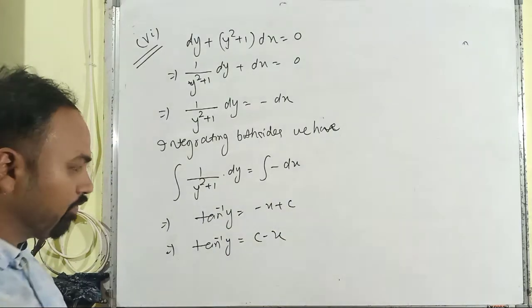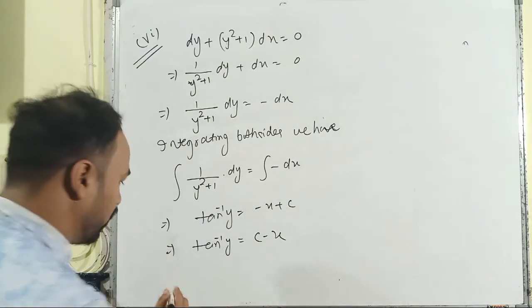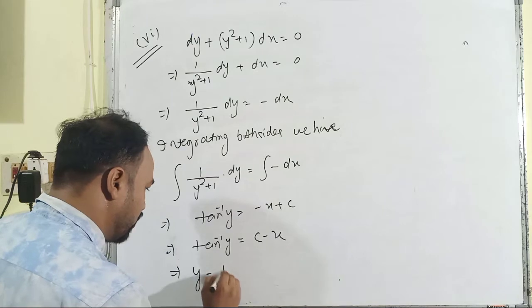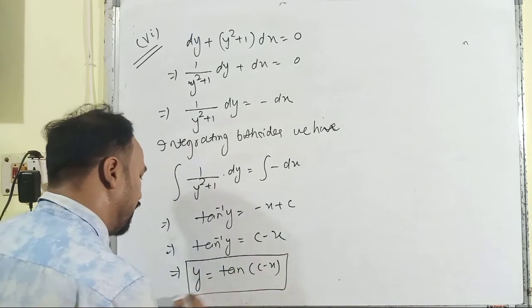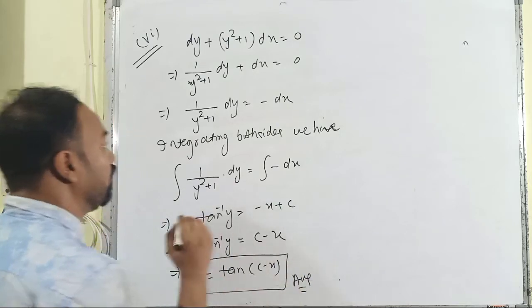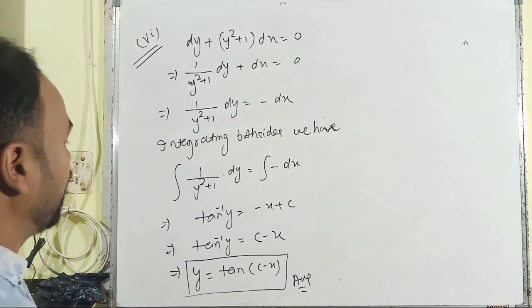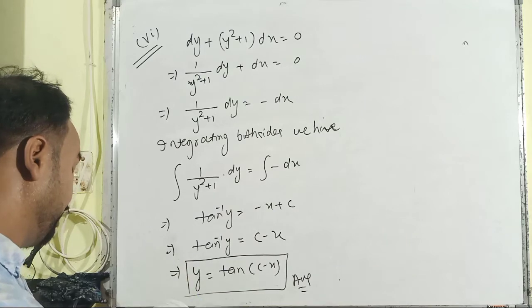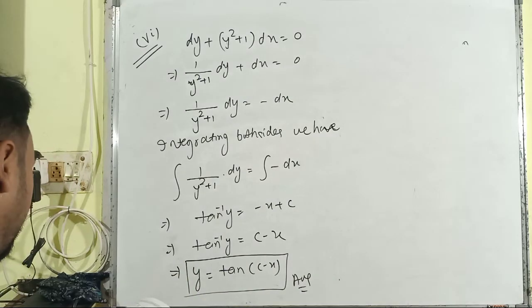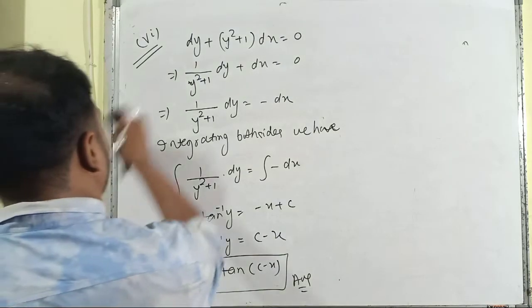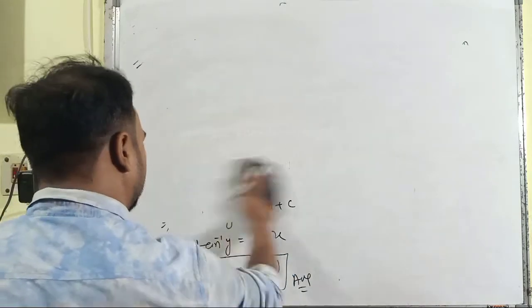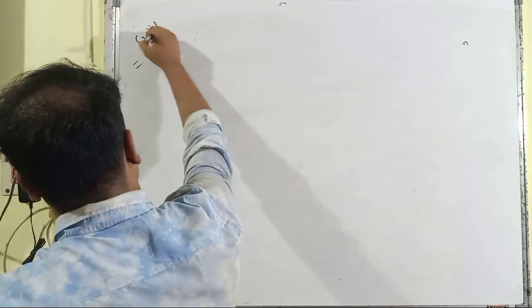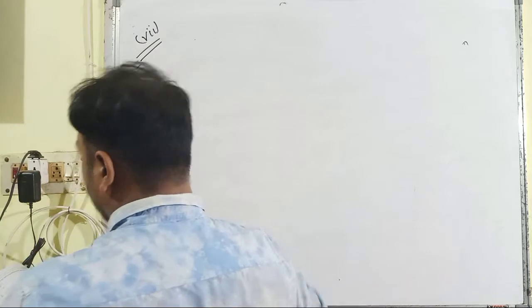Then by using the properties of inverse trigonometric function, we can have y is equal to tan of c minus x, and this is your final answer of the problem. And then let us move towards the next problem, and that is the seventh bit of number 4.